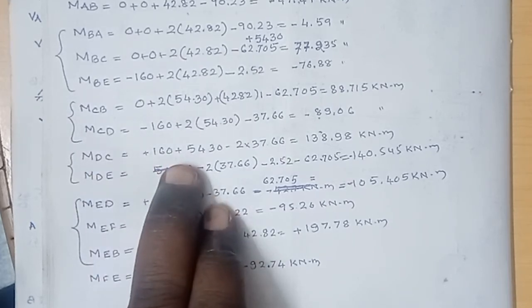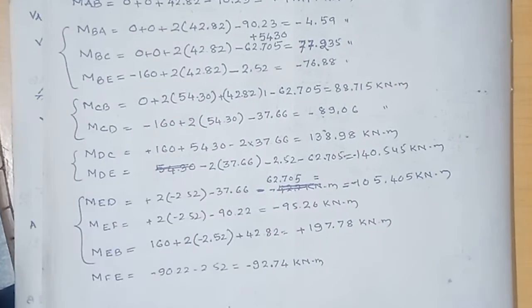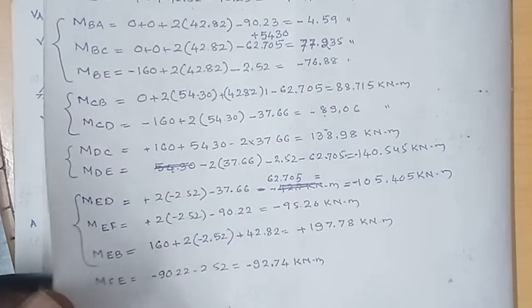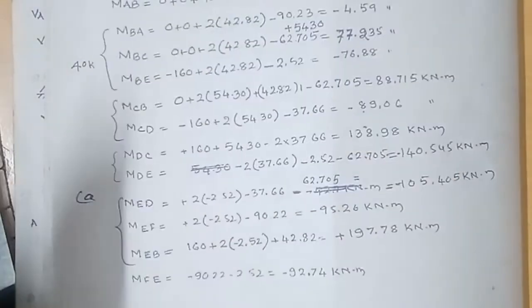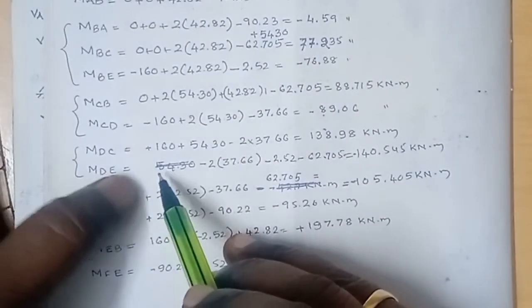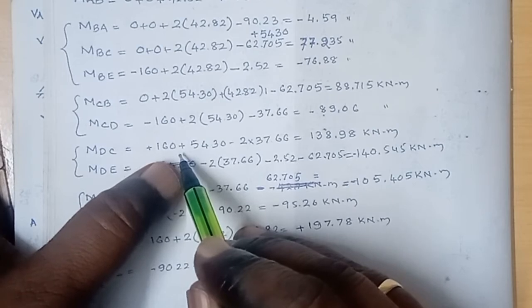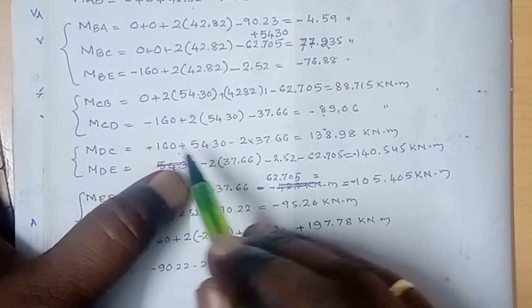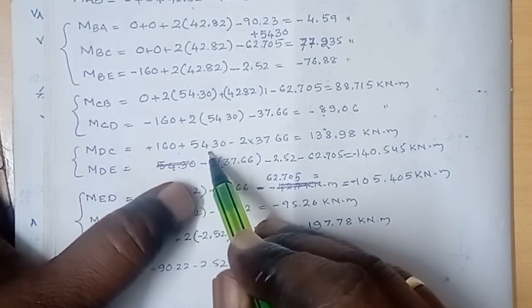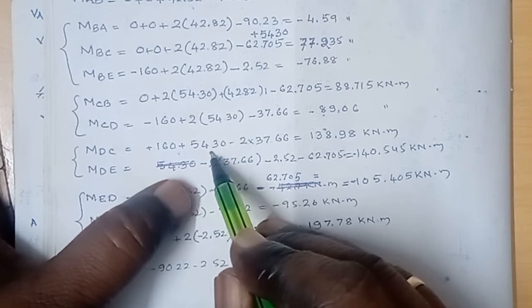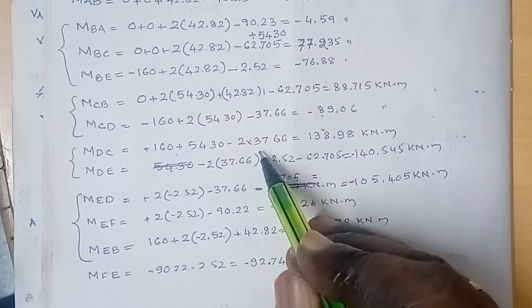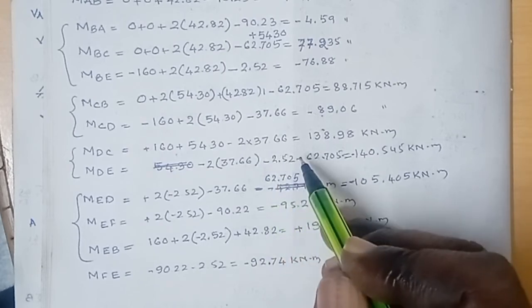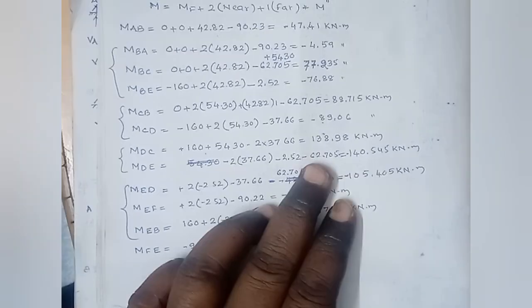Then MDC, from the other end for the horizontal member, MDC equals fixed end moment 160 plus the far end contribution 1 times 54.30, plus 2 times the near end contribution, that is minus 2 into 37.66, that equals 1.